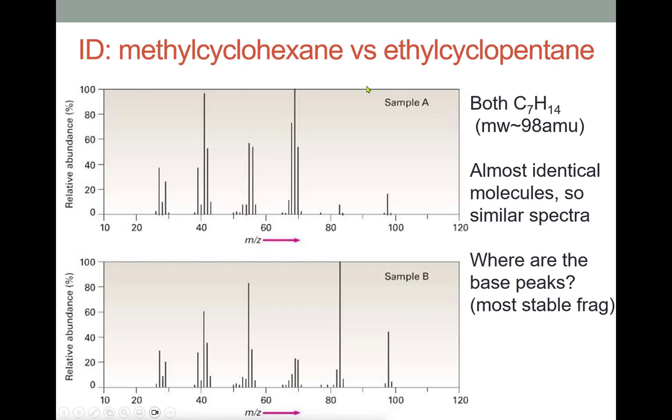That makes more sense than just breaking off one of the two carbons off of the ring here. So we can use subtle differences like that to say, what's the most common thing here? The top one very likely loses an ethyl group to get to this base peak, and this bottom sample B loses a methyl instead. So this is pretty indicative that I have a methyl branch, and the other one pretty indicative that I have an ethyl branch.